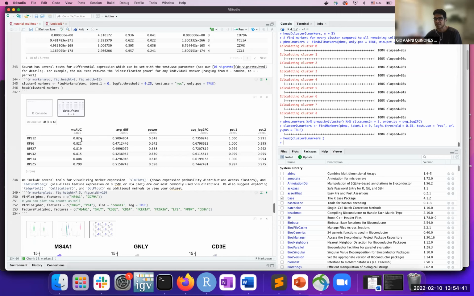This area under the curve represents the balance between sensitivity and specificity. So the closer this value is to 1, the better your classification is. In this particular example, we're testing how good we really are at identifying differentially expressed genes. And here we have our AUC value for the different genes that we identified.